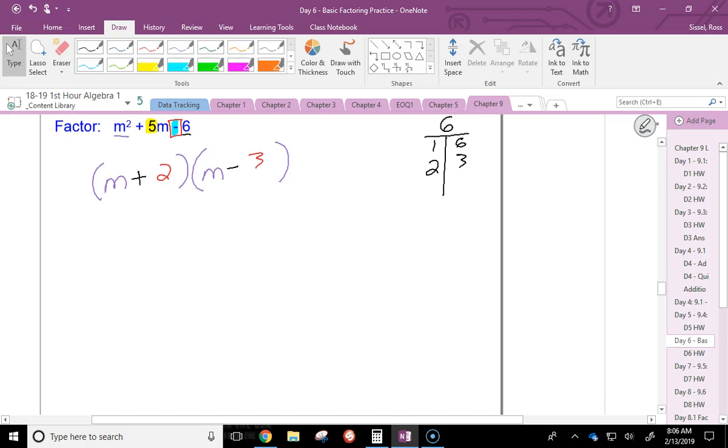If we did this and we distributed, we'd have m squared minus 3m plus 2m minus 6. However, when we do this middle part, negative 3m plus 2m is only negative m. But that's not what we were going for. And the reason that does not work is because we are supposed to be subtracting.